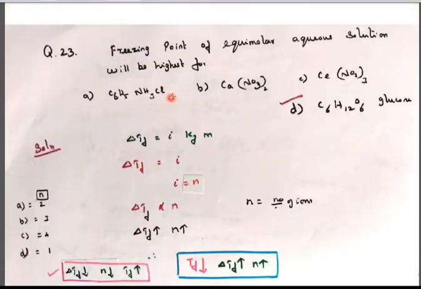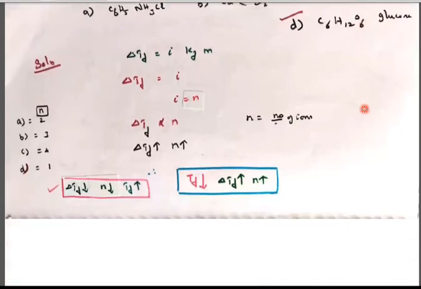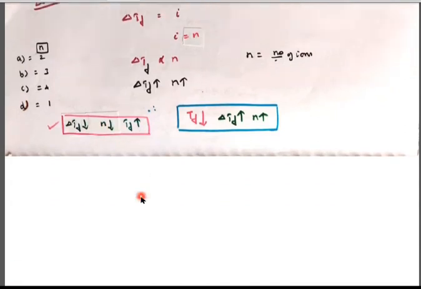We are asking for the highest freezing point of the solution, which increases for the very least number of ions, the non-electrolyte glucose. This is a trick to understand the relation between depression in freezing point and the number of moles, and the freezing point of the solution. The answer is opposite.